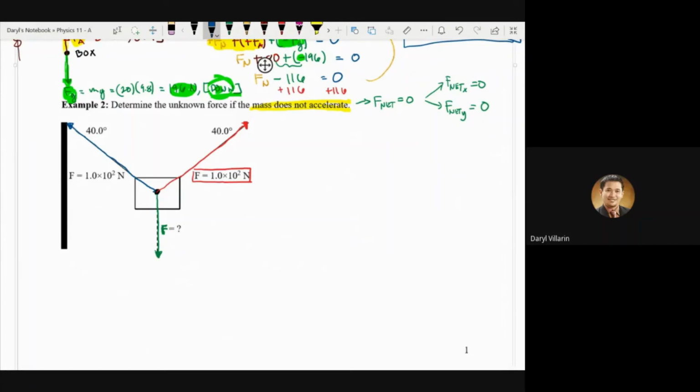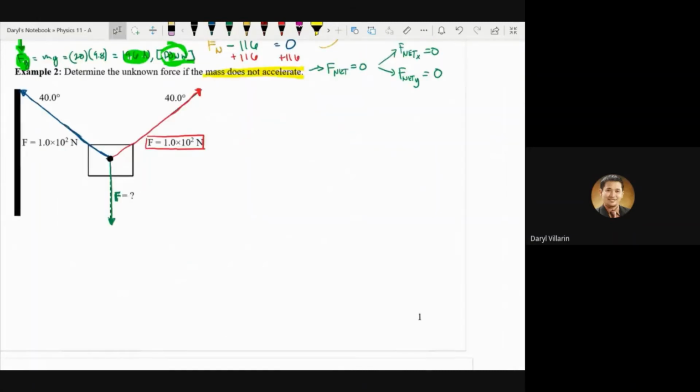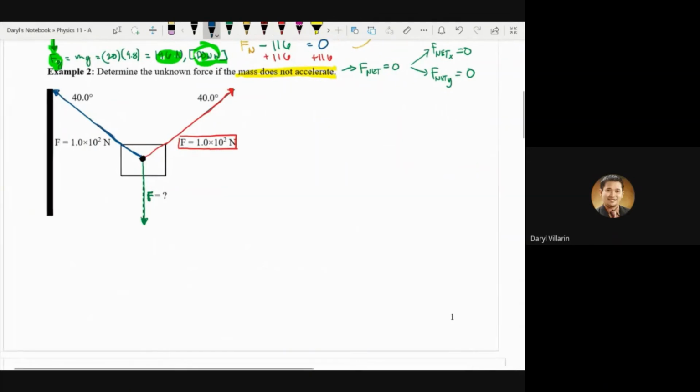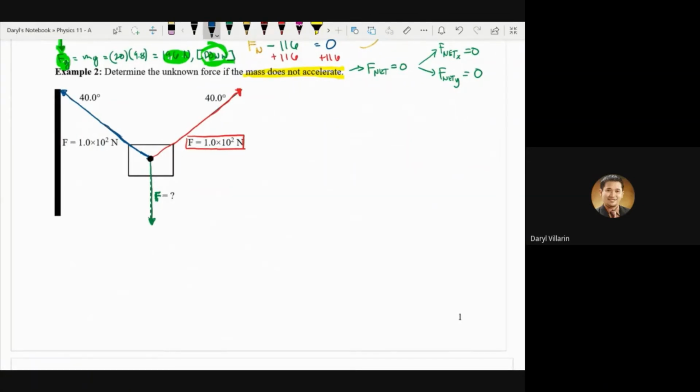So since we are talking about this object here, when we talk about this tension, it should be away from the object, and it's parallel. So that's why the arrow would be here, in that direction. And as well as for the other one, the arrow would be going away, because that's how we define tension, right?